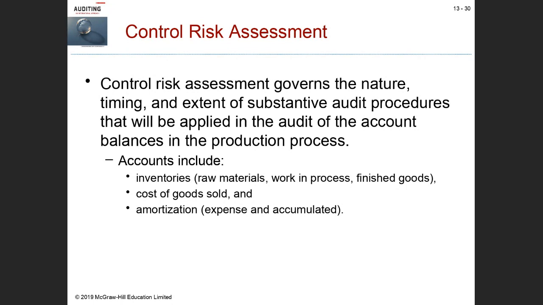Okay? And the same thing applies here in this cycle. So auditors are going to have to make an assessment of the internal control risk in each of the accounts. And so in the accounts, we have the various inventory accounts that we've already mentioned: raw materials, work in process, and finished goods. We have cost of goods sold, which is simply the flow of costs from the inventory accounts into the cost of goods sold.